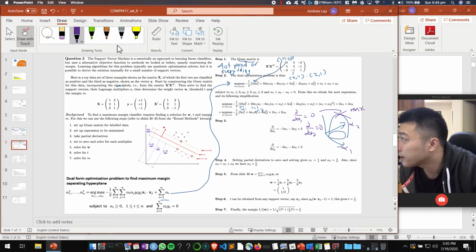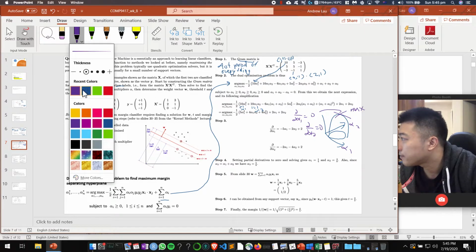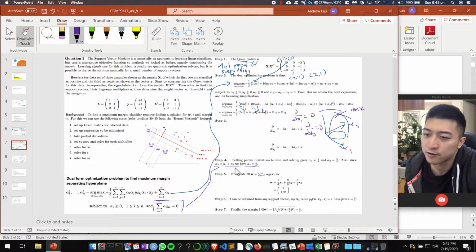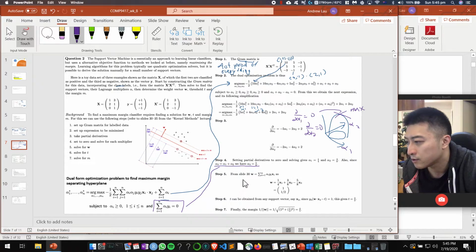Now don't forget about our constraint here. So where is our constraint? Here. We have a few constraints, so we can use these constraints to help us out in terms of solving for the alphas, right?